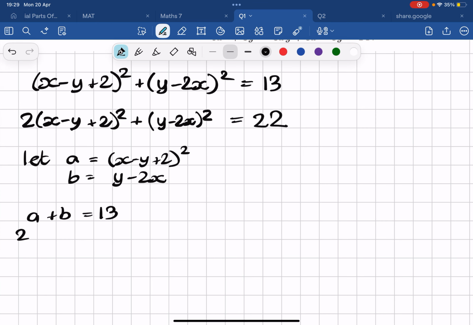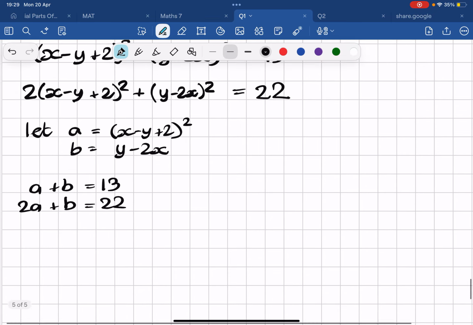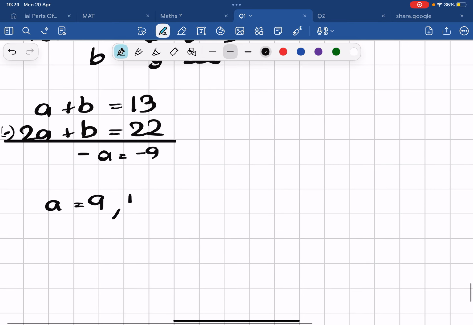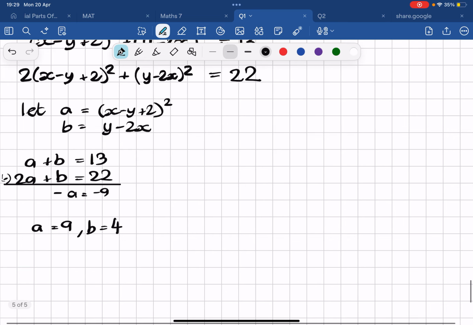We have 2a plus b equals 22. Let's subtract. So we have minus a equals, b cancelled, 13 minus 22 is just minus 9, so therefore a equals 9, meaning b must equal 4.